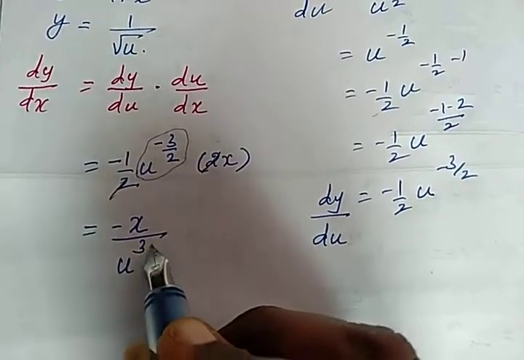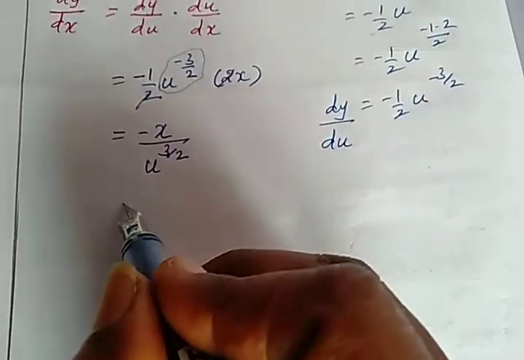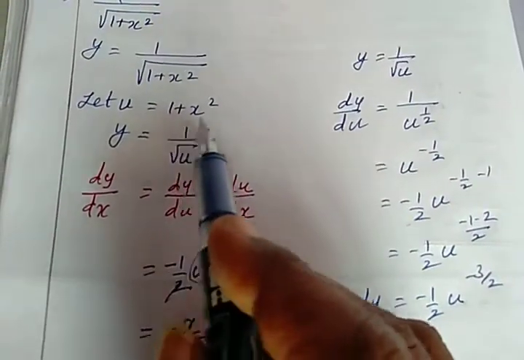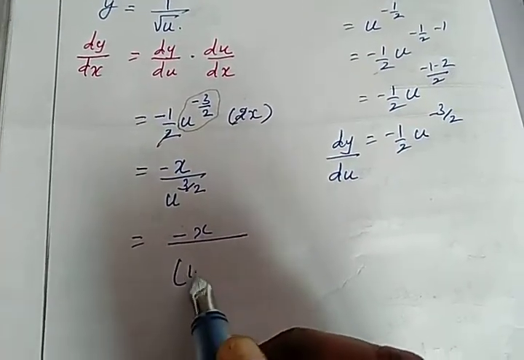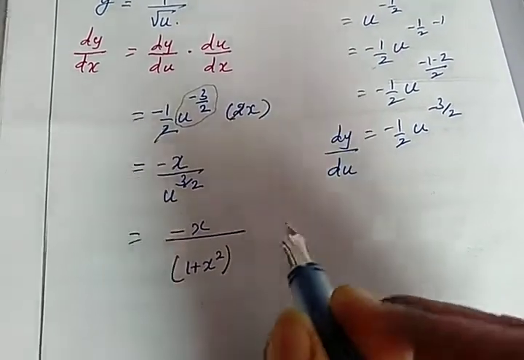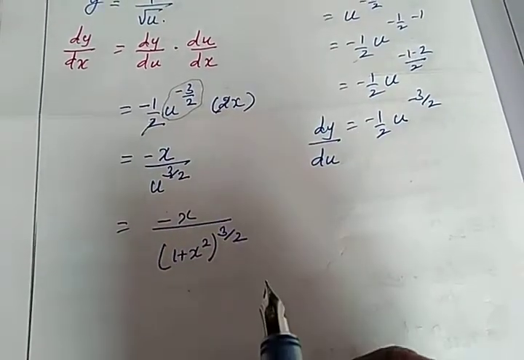So u to the power 3 by 2. Clear children? Now what is u? u is 1 plus x squared. Substitute. Divided by (1 plus x squared) to the power 3 by 2.